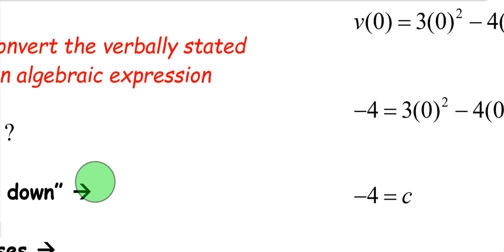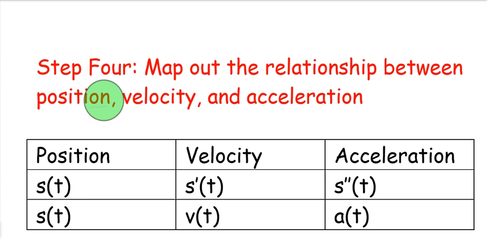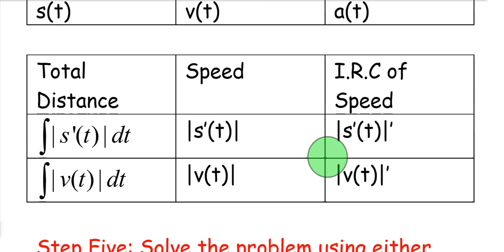Okay, let's move on to the next step, which is to map out the relationship between position, velocity, and acceleration. Remember, the position is s of t, the derivative of s of t is velocity, and the second derivative is acceleration, which happens to be the first derivative of velocity.